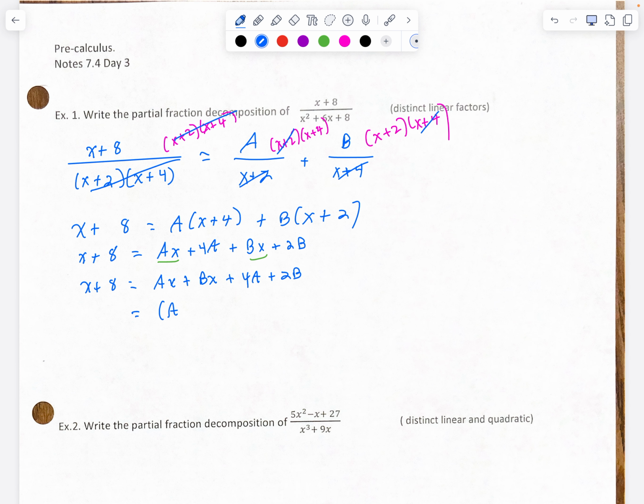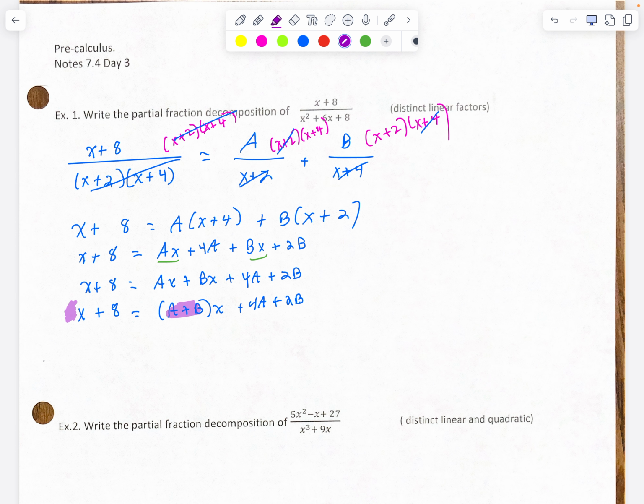But you need to keep going. Unlike the worksheet where they broke it up, you could just stop to know if you're right with what A equaled and what B equaled. But you might have factored this in the opposite order and had A over x plus 4 and B over x plus 2, and then my A is your B and your B is my A.